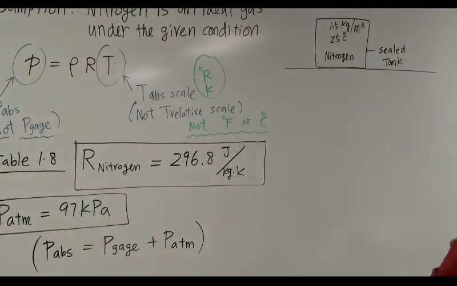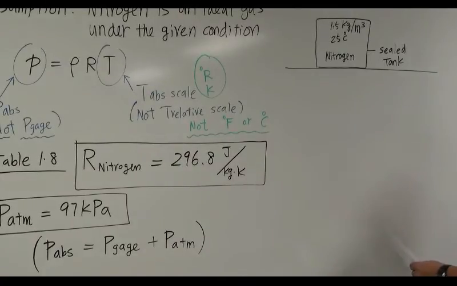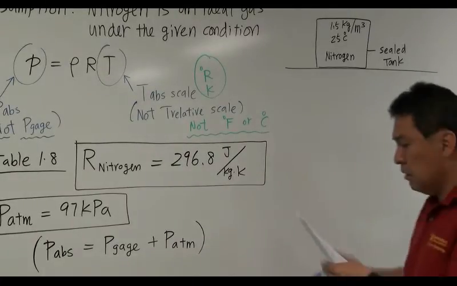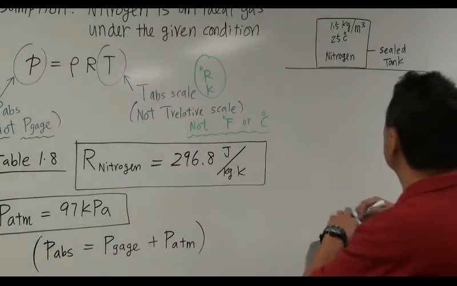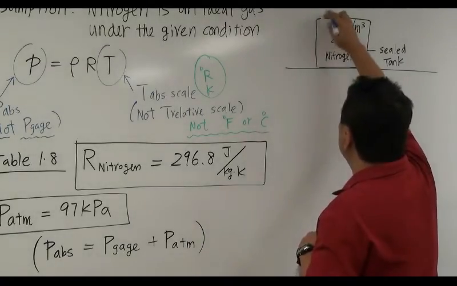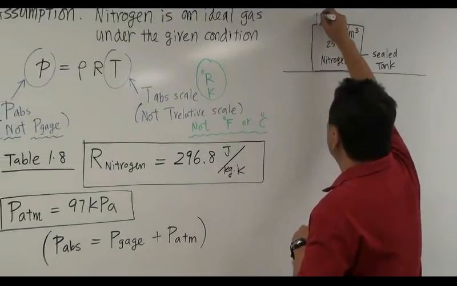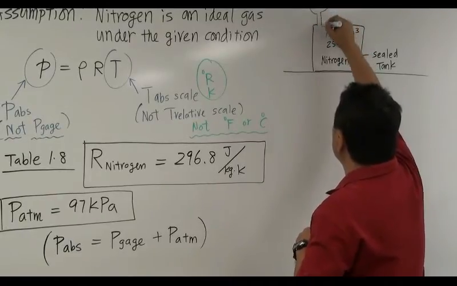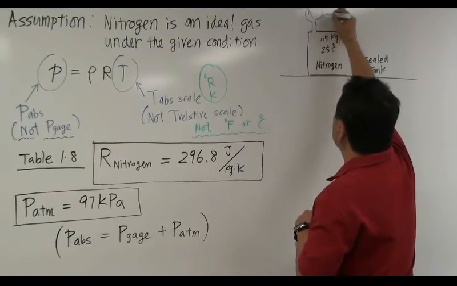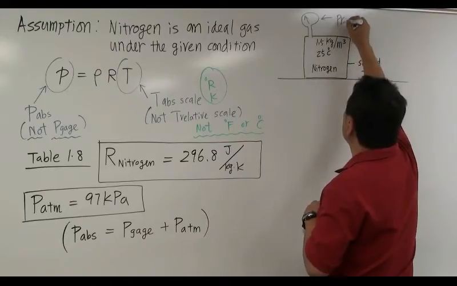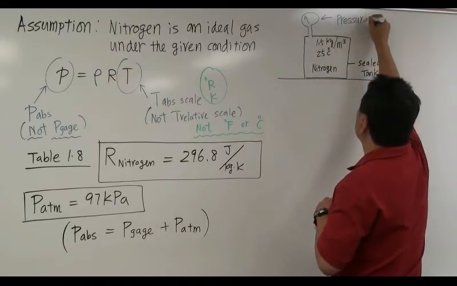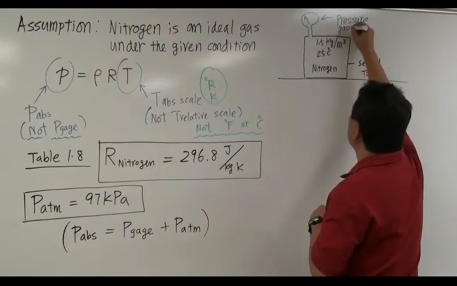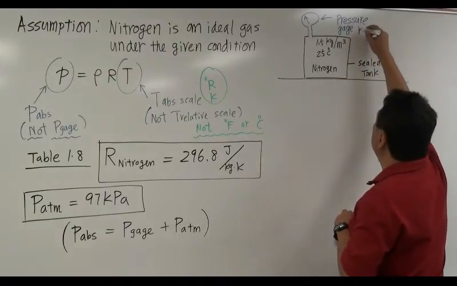Okay. The problem is asking you to determine the gauge pressure of the gas. Gauge pressure really means that if this tank is equipped with a pressure gauge, how much reading do you have?